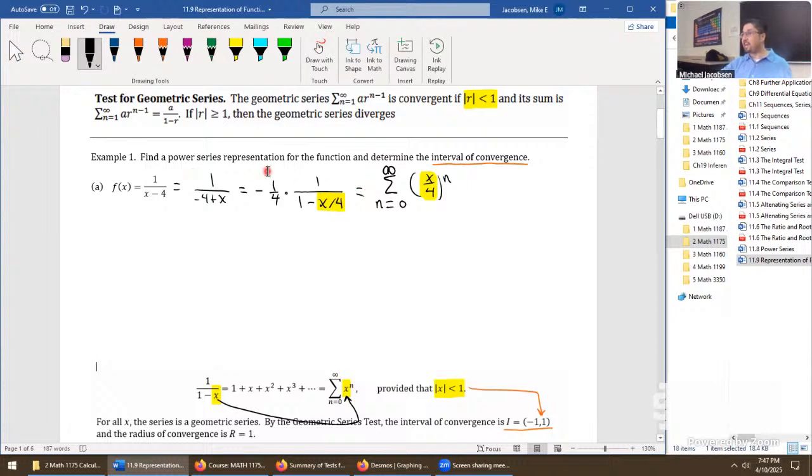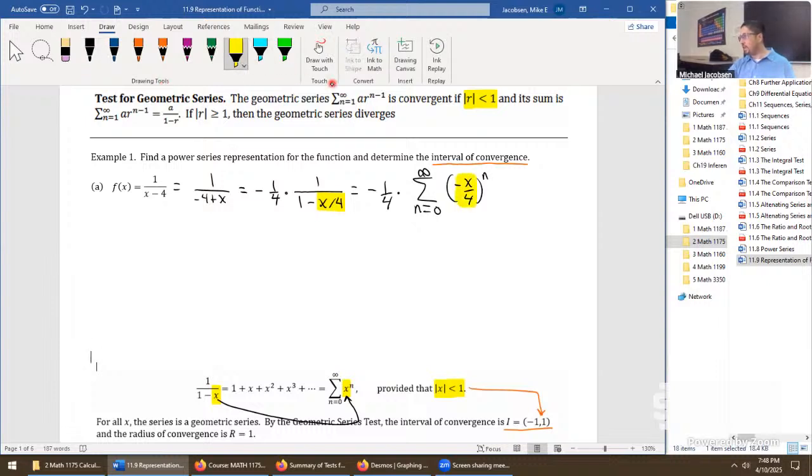There's an extra fraction, -1/4 in the front. Let me move that over real quick. This equals -1/4 times summation from 0 to infinity, -x over 4 power of n. Okay, I rewrote all that, but all I did was include that -1/4. Definitely don't forget anything you had to factor out as well.